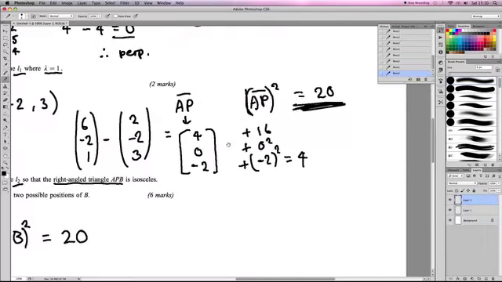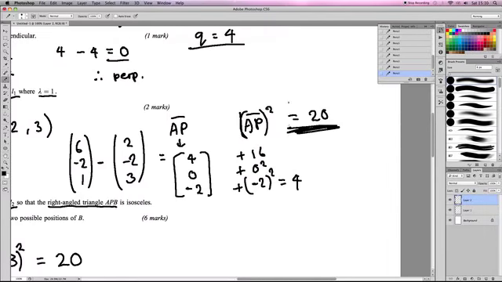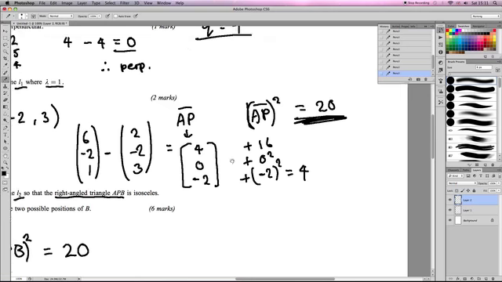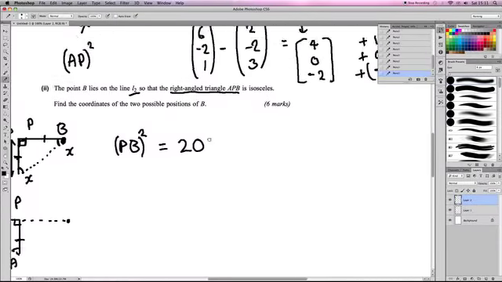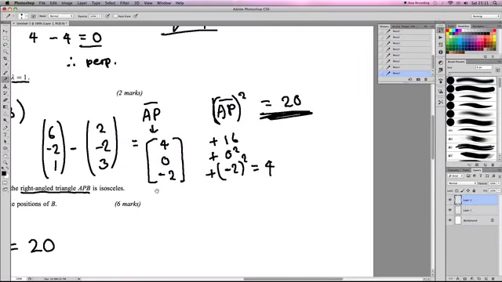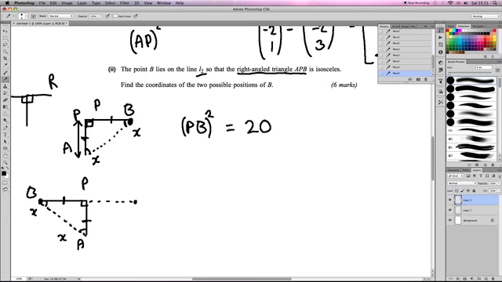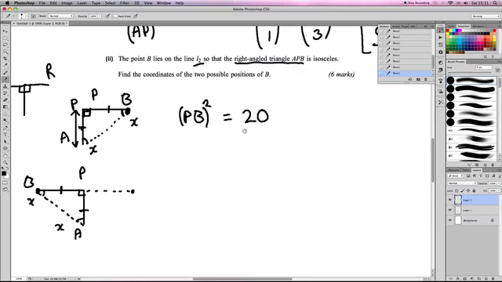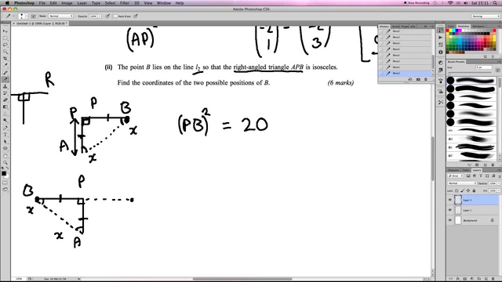In fact, no, I've been using the wrong terminology. This thing right here, AP squared, that's not the magnitude. I have to square root it to make it into the magnitude. So I'm talking nonsense actually. But essentially it's the magnitude squared. So we'll find the magnitude squared. P to B squared must be equal to 20.